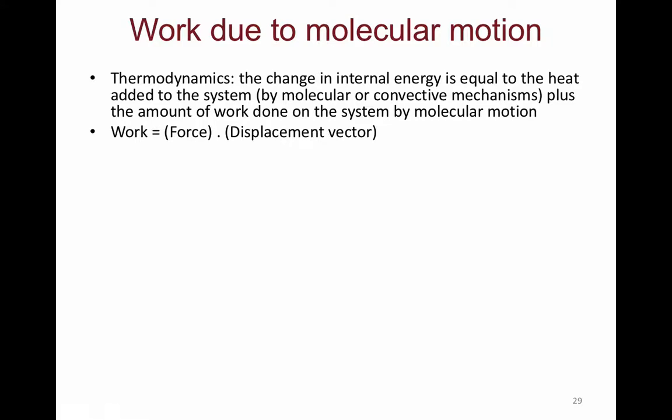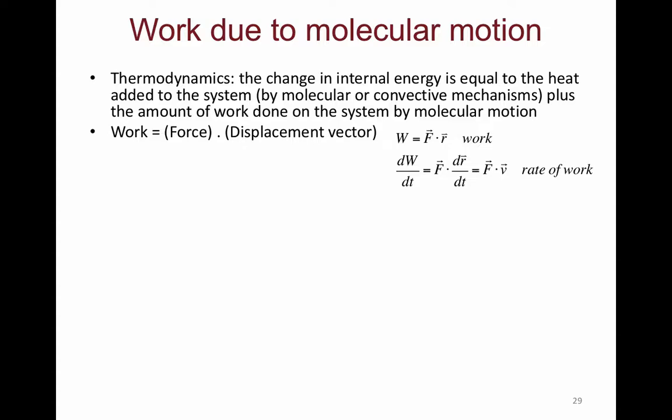So my work is force dot displacement vector. Both of these are vectors, so this is essentially the reason to define a dot product, if you will. So my work is F dot R, if those are the force and displacement vectors.